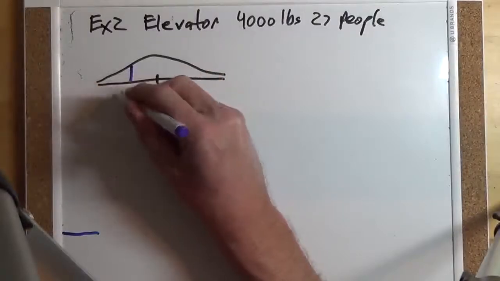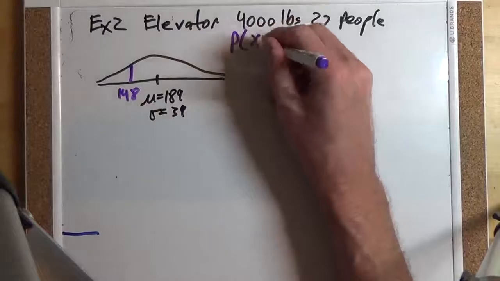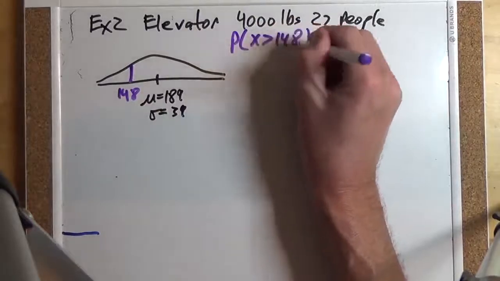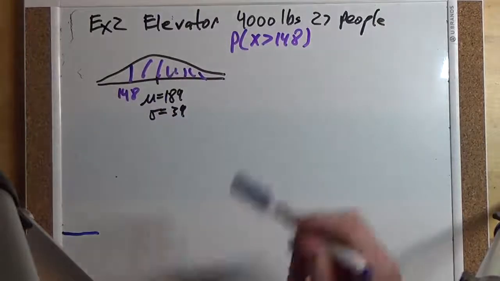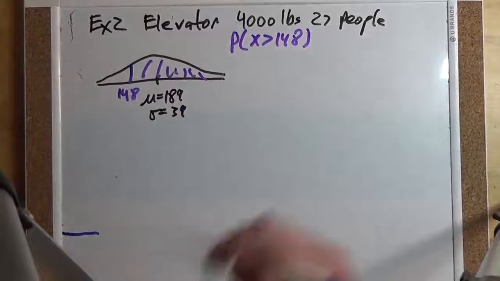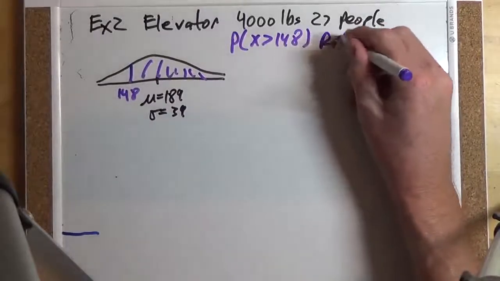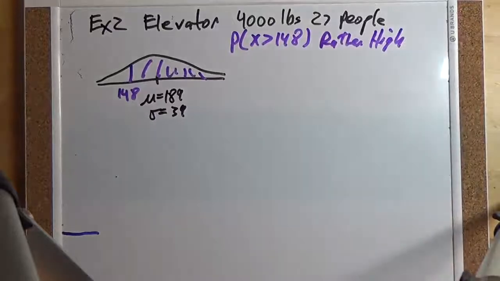That's over here. I'm looking for a probability greater than 148. I want this area. And just by looking at my diagram, I know that the probability looks rather high. So if I get a small number, I did something wrong.